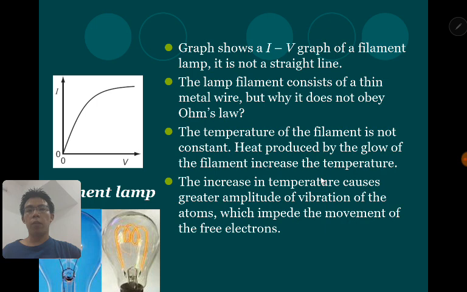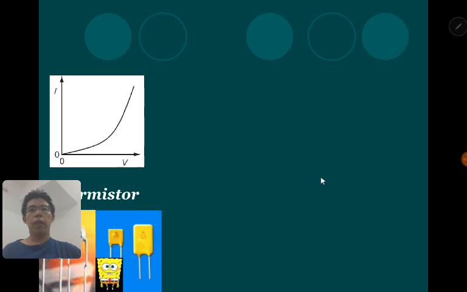So if you have a greater vibration of the atoms, the free electrons will now find it harder to flow past, and therefore resistance is higher. So as the current increases, resistance will increase, and the graph will behave as such.